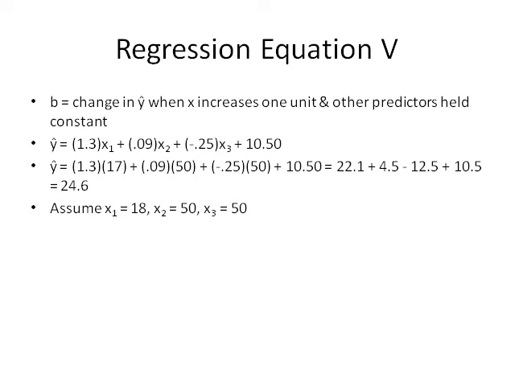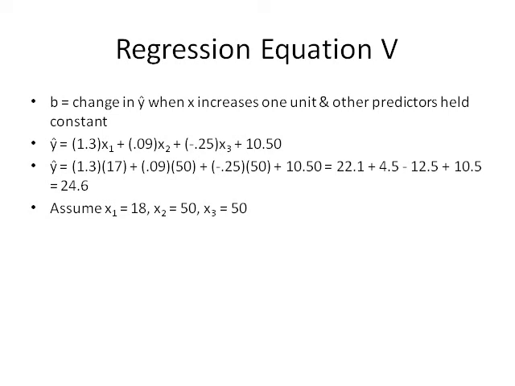If a participant in our study had an intimacy score of 17, an income of $50,000, and an anxiety score of 50, the predicted score on y would be 24.6.